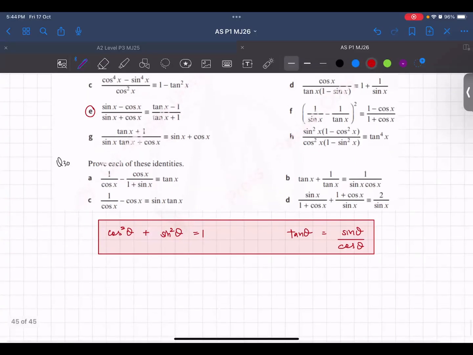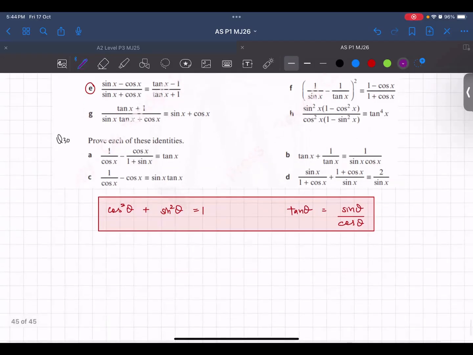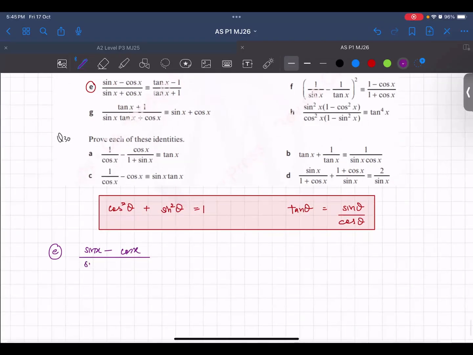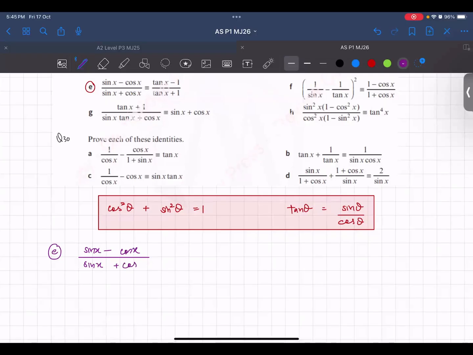One thing that will make your work easier and quicker to write, and will increase your efficiency. For example, this is the question they're giving you: sin x minus cos x upon sin x plus cos x is equal to tan x minus 1 upon tan x plus 1.